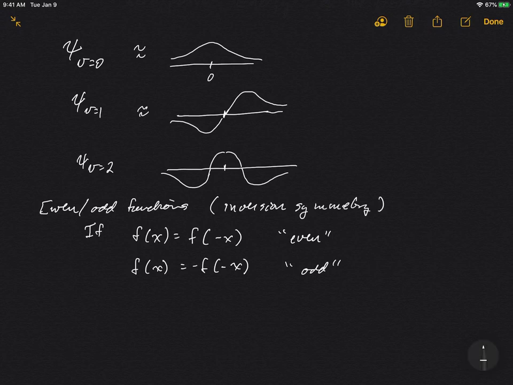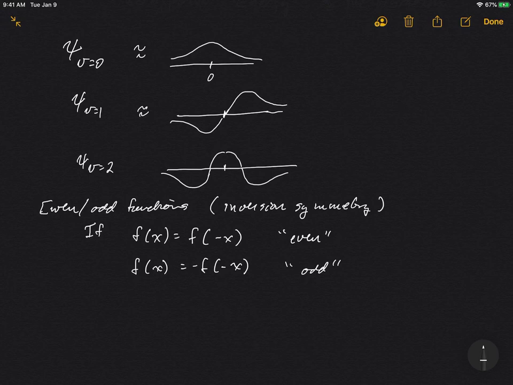So if we replace x with minus x, evaluate the function, do we get back the same function or do we get minus sign times the same function? If we get back the same function, it's an even function. If we get back the minus sign times the function, then we have a function with odd inversion symmetry. And of course, not all functions are either even or odd.